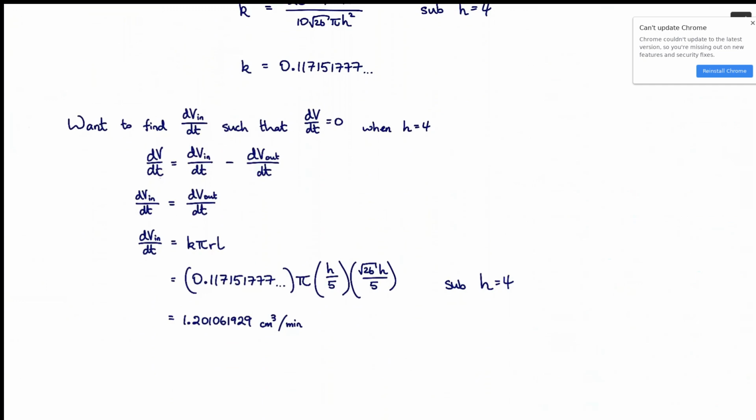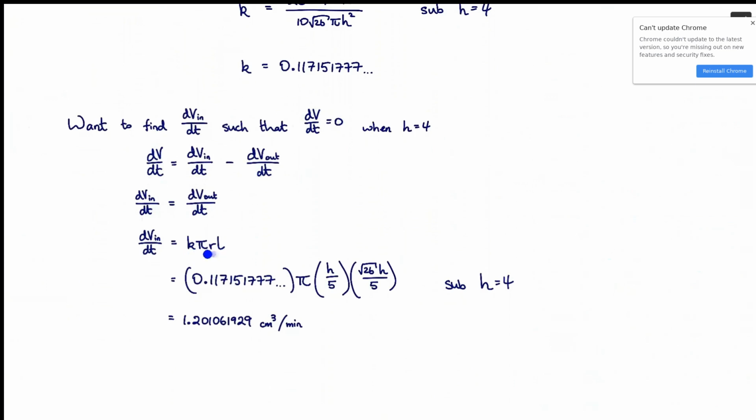What we actually want to find out, though, is that the total change in the volume of liquid should be equal to 0 so that the height doesn't change. So we want the rate of change of the volume equal to 0. The rate of change is the amount of liquid going in minus the amount of liquid going out. If that is equal to 0, then these two rates should be equal to each other.